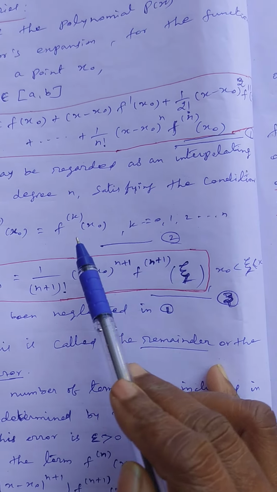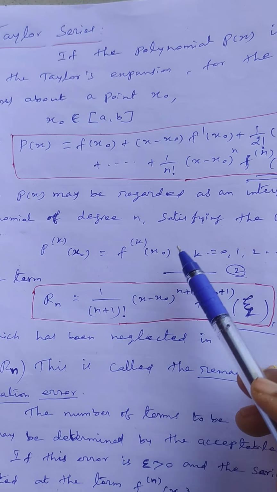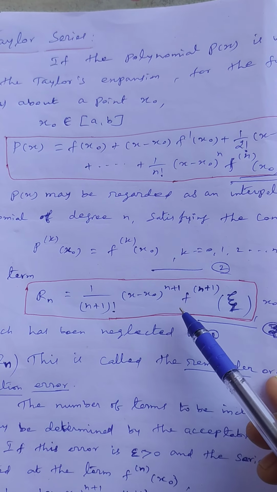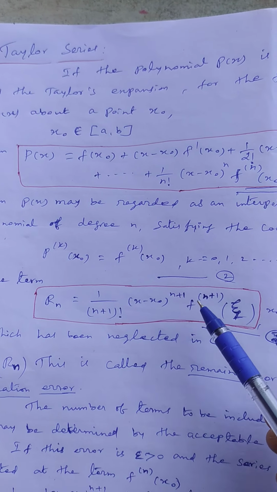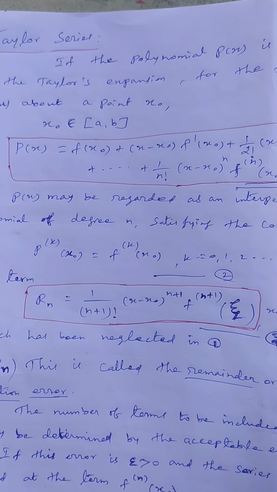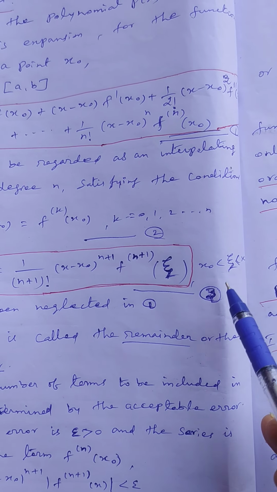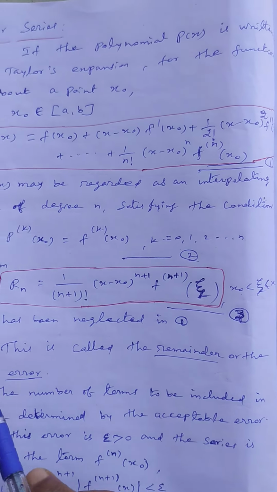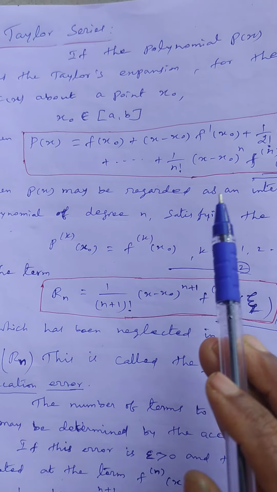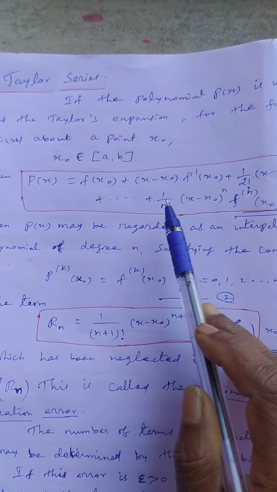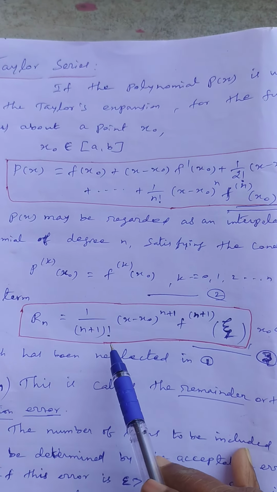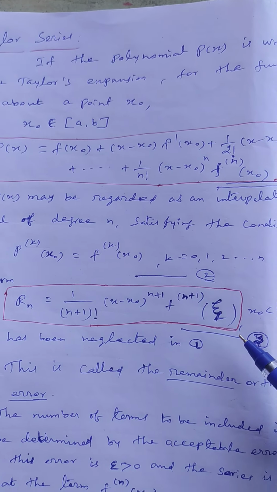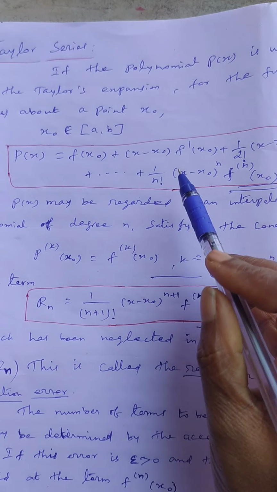Next, the remainder term R_n equals 1/(n+1)! (x - x0)^(n+1) f^(n+1)(eta), where eta lies between x0 and x, which has been neglected in the above equation.